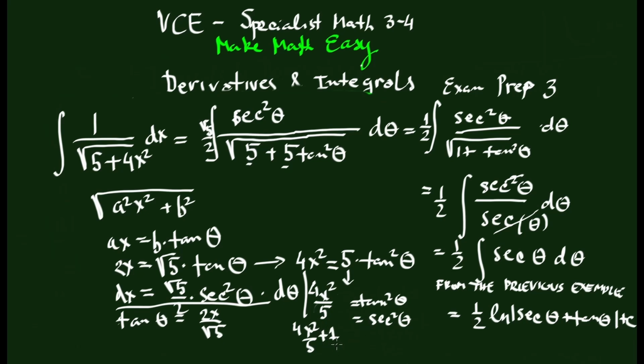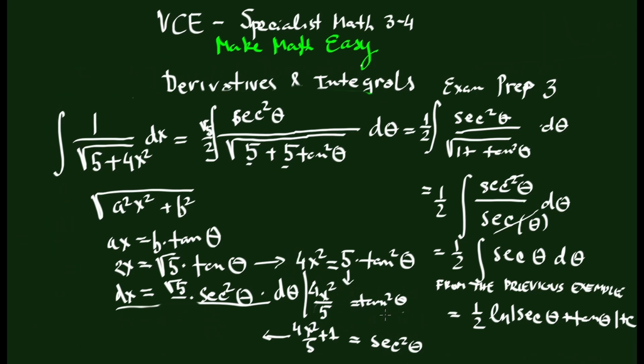The common denominator is 5, but it's going to be a square root there, so let's make more room here. So if we continue there, that equals secant squared of theta.